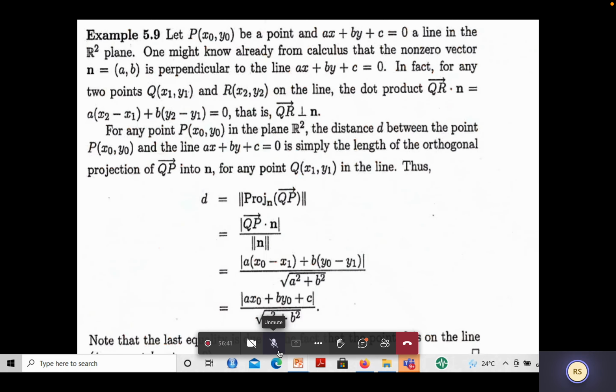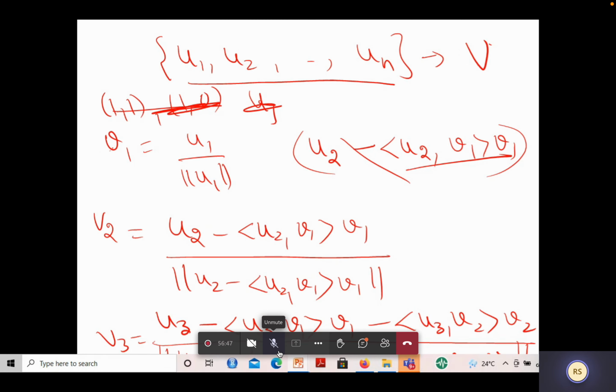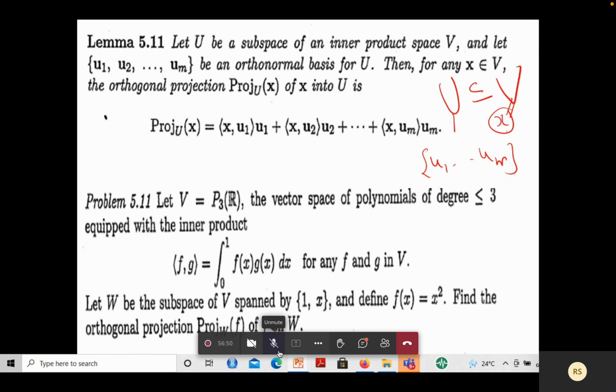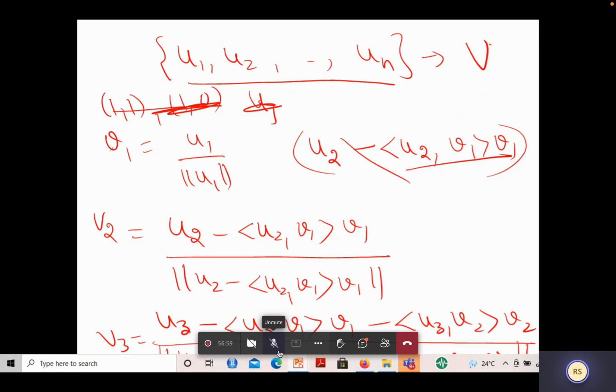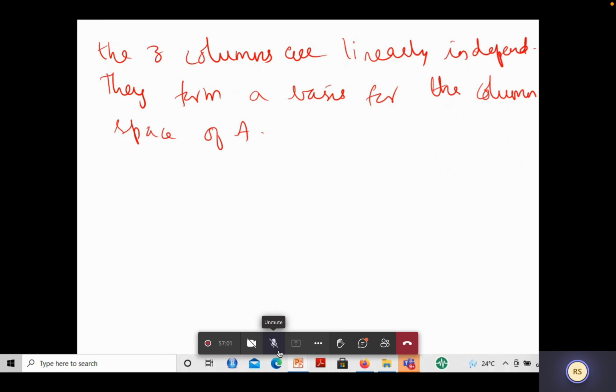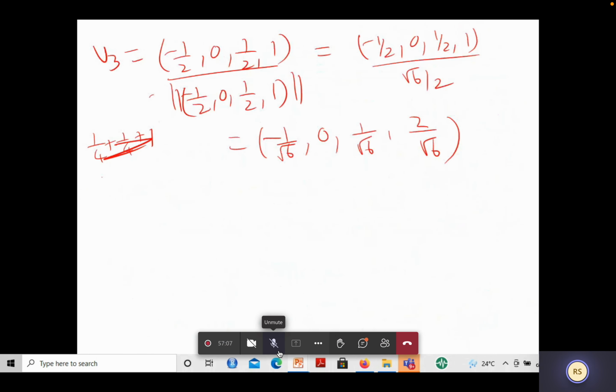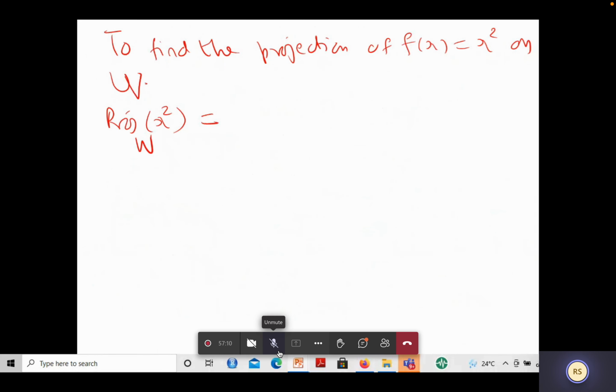What is the formula? Do you remember? The inner product of that vector with each of the orthonormal basis vectors. Here there are only 2, so very easy to do. I'll write the formula first, then I think you won't get confused.